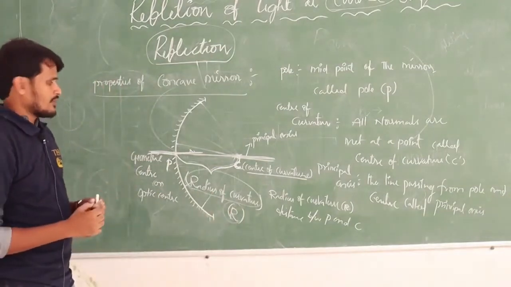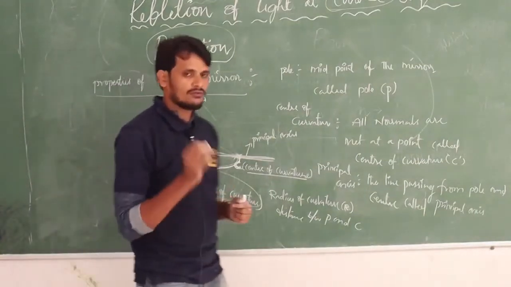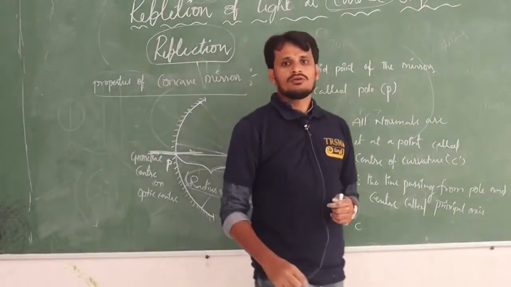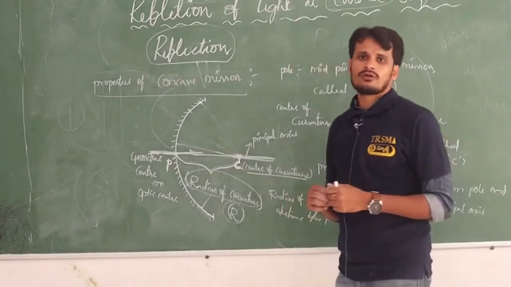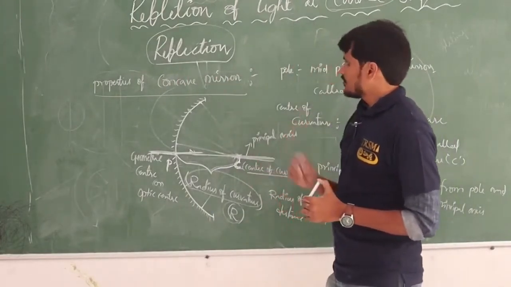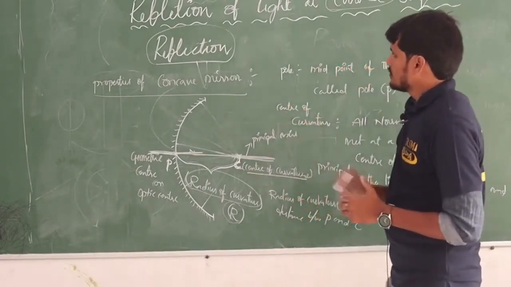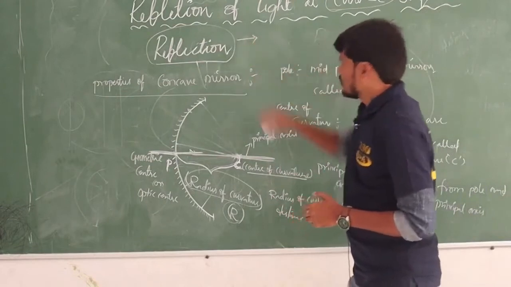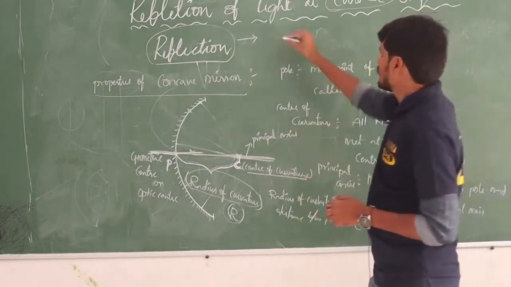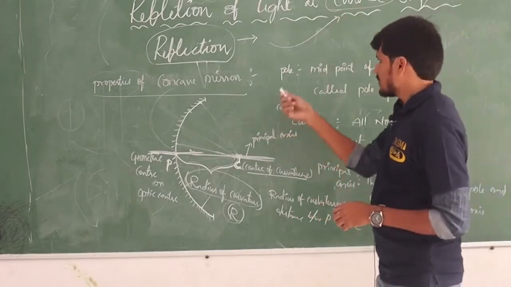One more property is the focal point, which we will see in the next class. Before ending, we have covered what reflection is and what curved surfaces are.